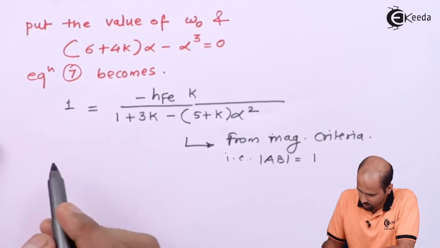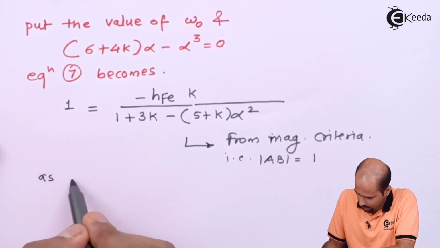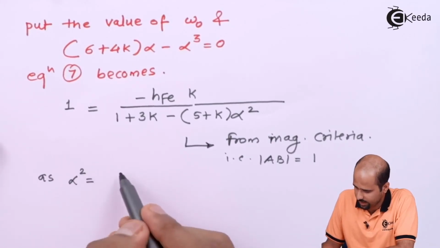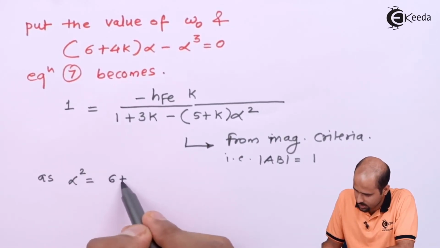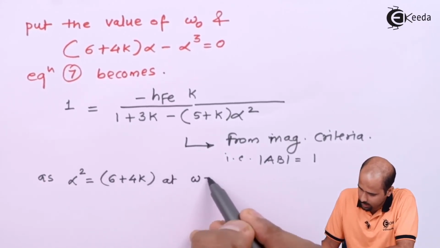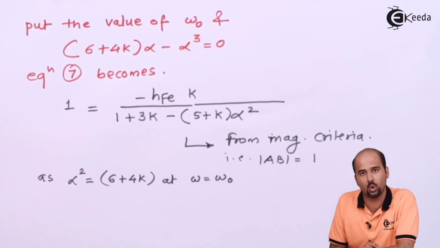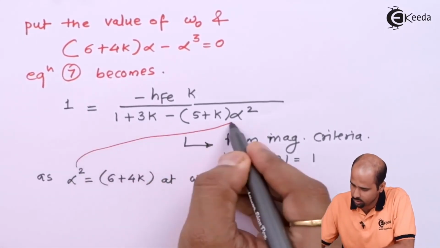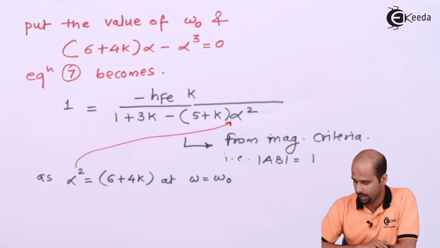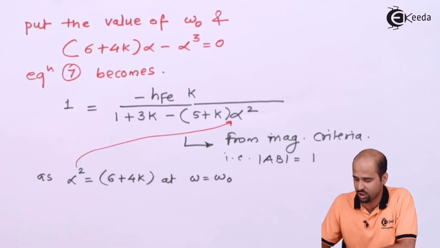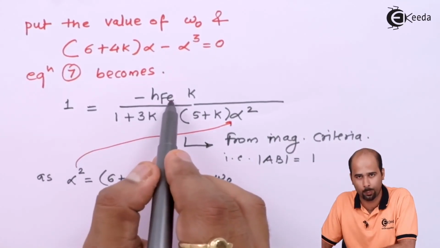Now we will put alpha square is equal to 6 plus 4k at omega is equal to omega 0. We put this value of alpha square over here, and then we get the exact value for HFE that we have to find out. Clear?